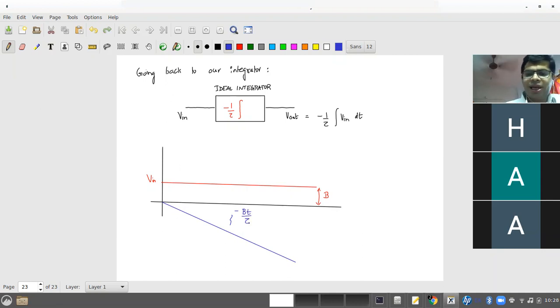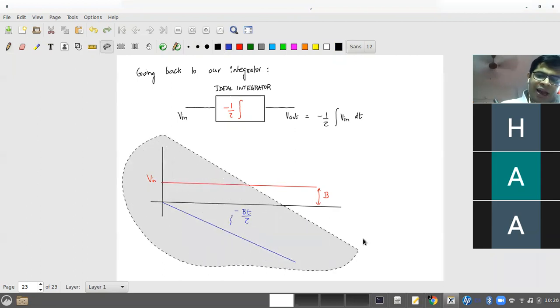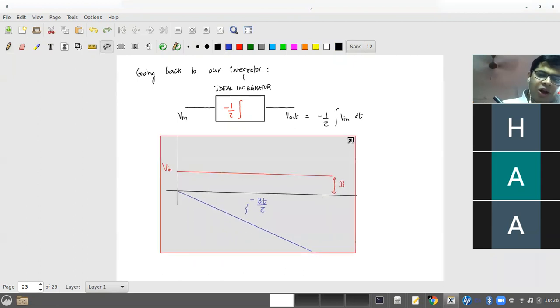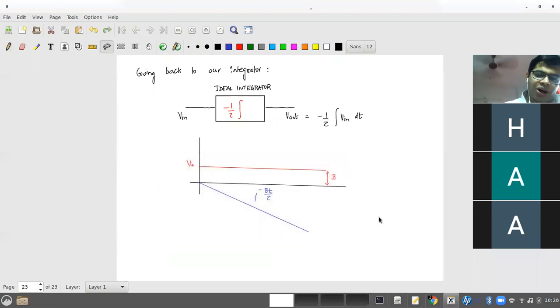That's the function, right? Minus BT by tau. So the slope is going to be minus B by tau, right? So an ideal integrator, even without me worrying about the op-amp saturation and all of that, the voltage will integrate all the way to infinity.